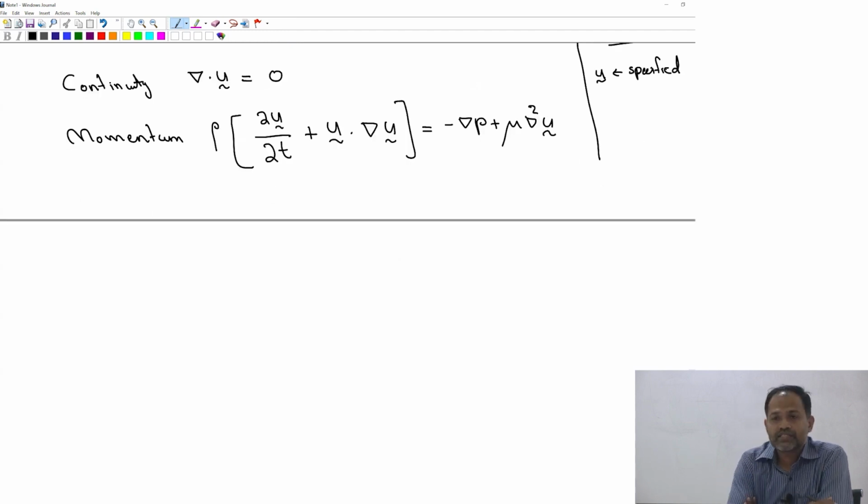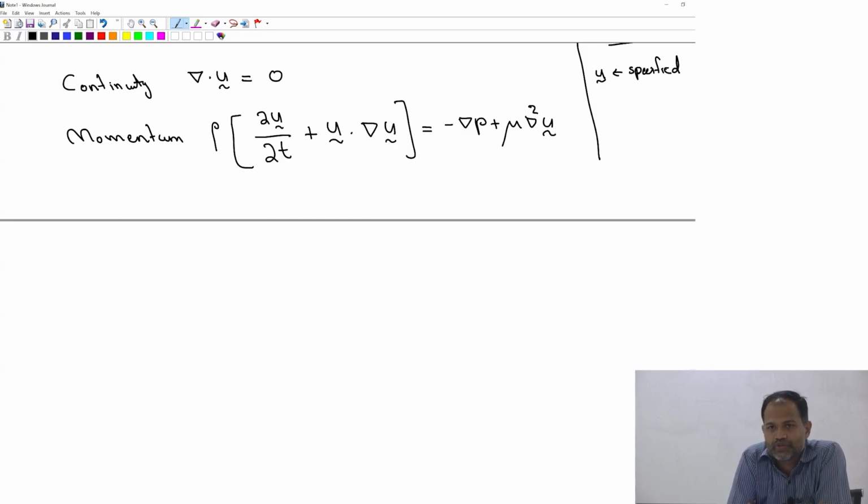To non-dimensionalize, we need to select some scales. We don't yet know how many scales we should choose, but in this case I am going to tell you how many we will select. We will have a characteristic velocity, a characteristic length, and some characteristic pressure.